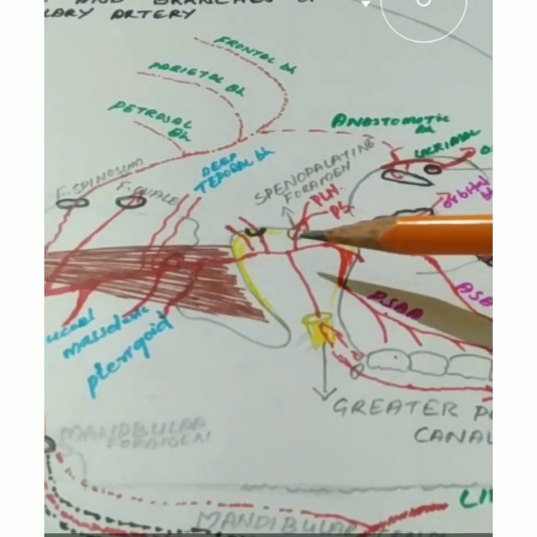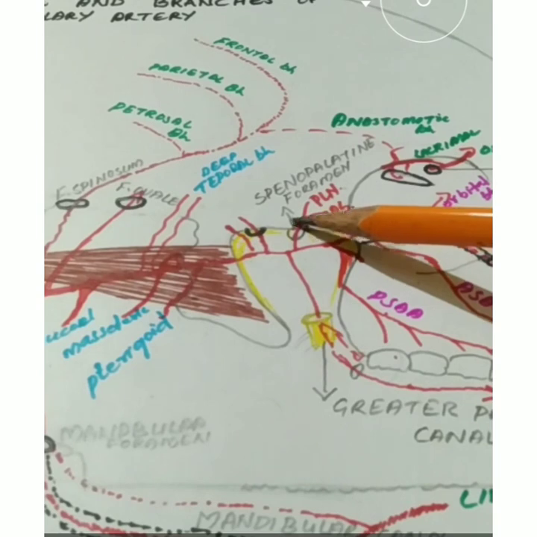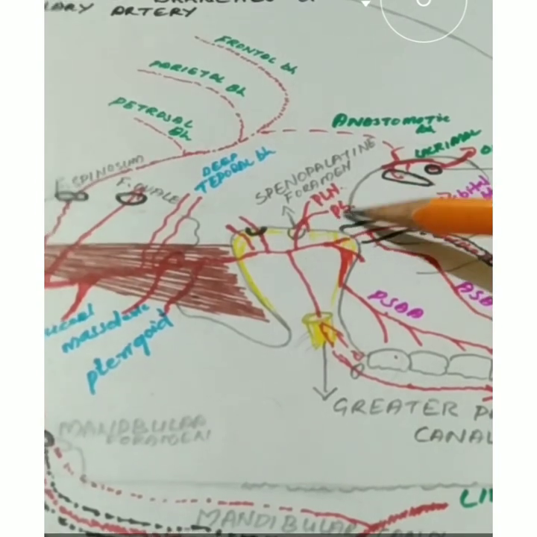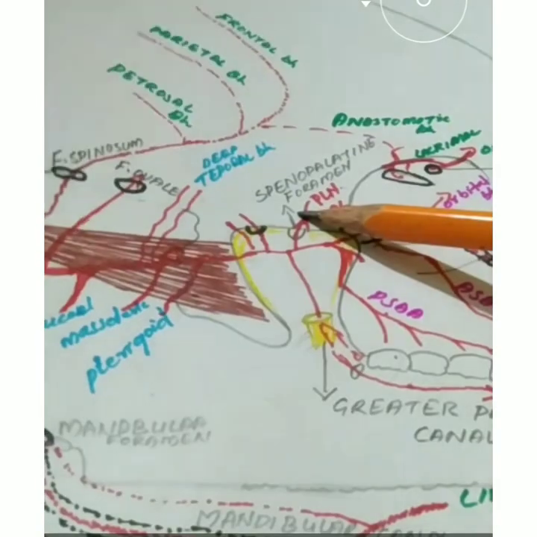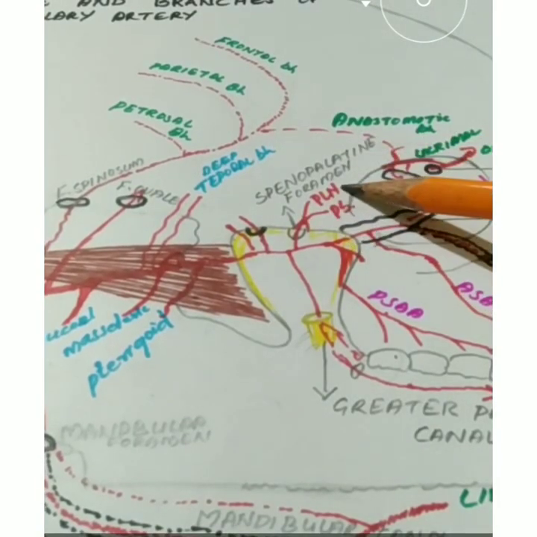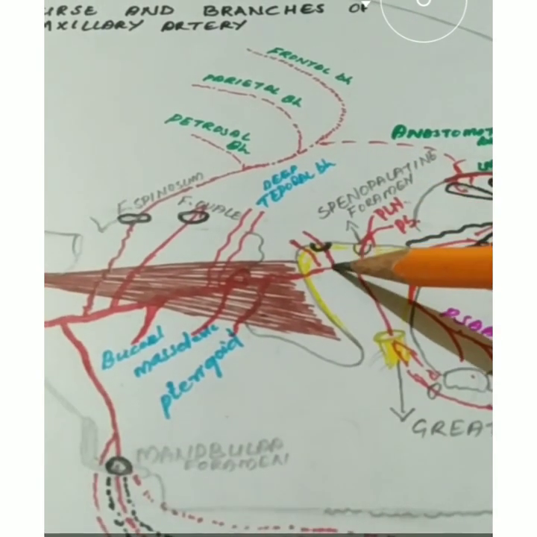Then we have the sphenopalatine artery, which enters into the nasal cavity through the sphenopalatine foramen. It divides into 2: posterior septal to the nasal septum, and posterolateral nasal branch to the lateral wall of the nose. And there are other 2 branches which run upward.